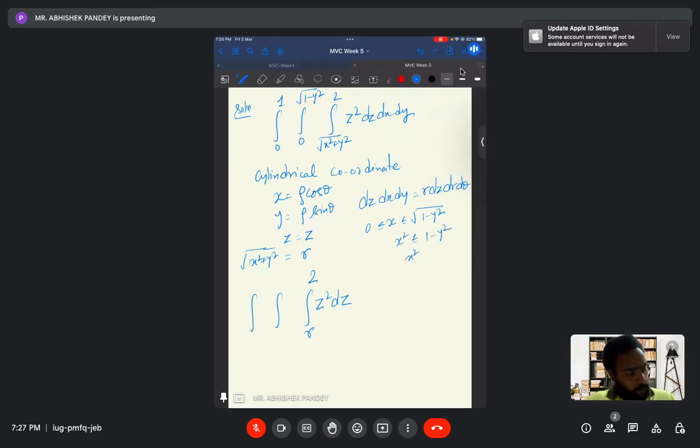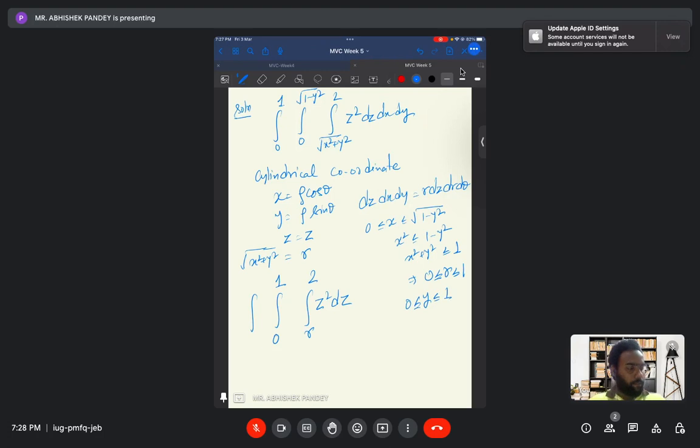So x square plus y square is less than or equal to 1. So this implies r is from 0 to 1. Also we are given that y is from 0 to 1.